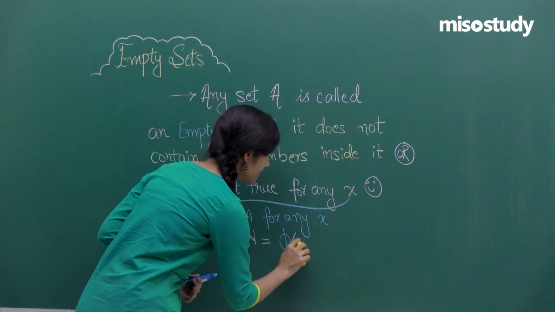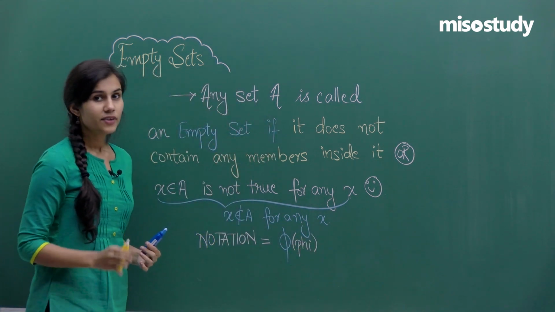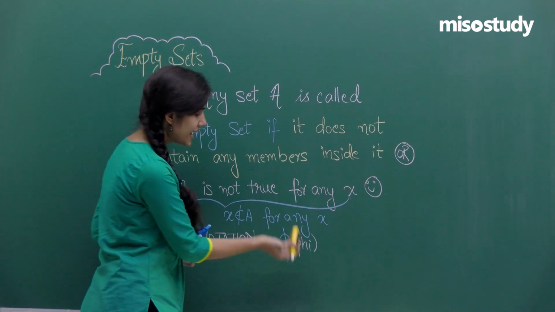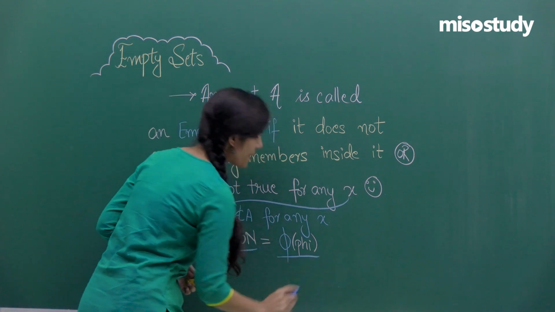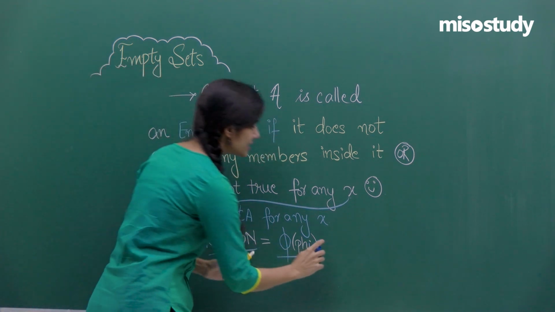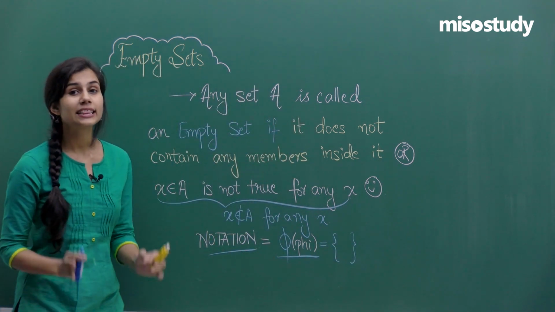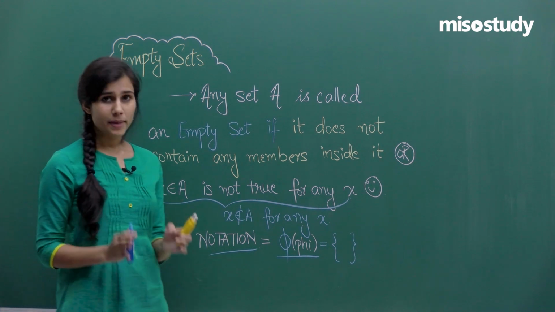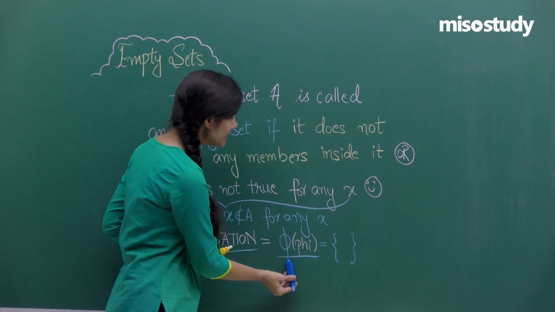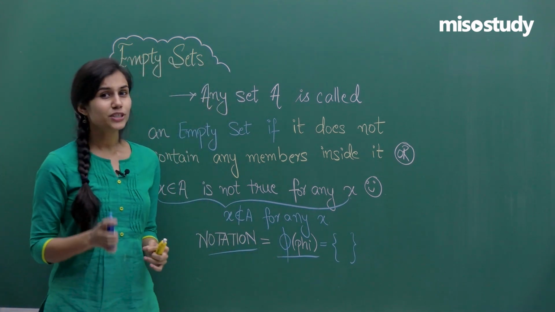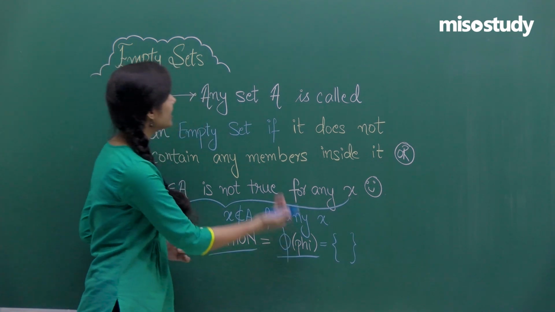It is called phi, whereas many people call it phi also, and this particular symbol, this notation stands for the empty set. You can write this or you can write vacant brackets. It is one and the same thing. But generally in your papers, in your books, in your reference sample papers, you are going to find this particular symbol written. Now that you are studying mathematics, you should be thorough with what the notation of an empty set is in mathematics.